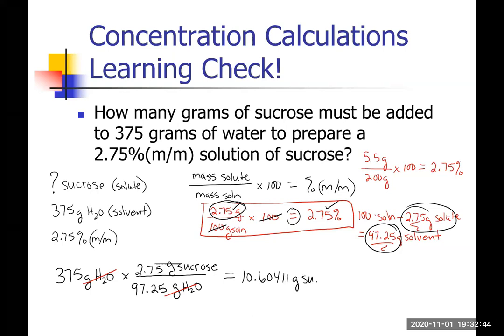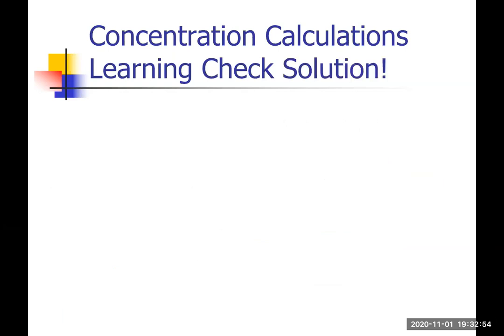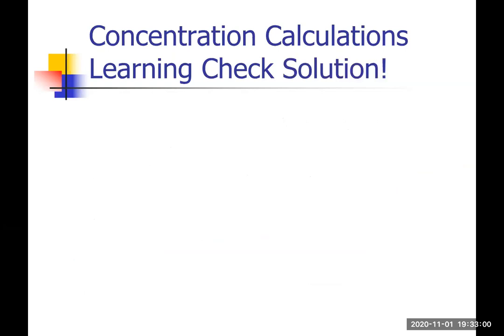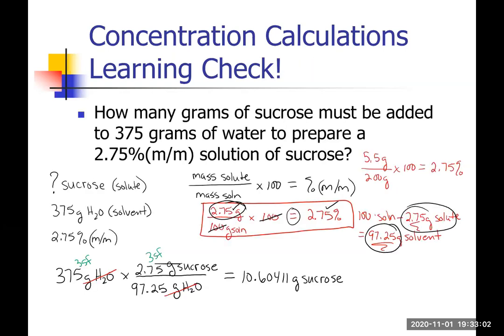And I'm going to stop there because I know that my significant figures are 3 sig figs here. And I have 3 sig figs here. Both of those came out of the problem. So my answer is going to have 3 sig figs, which puts me here.